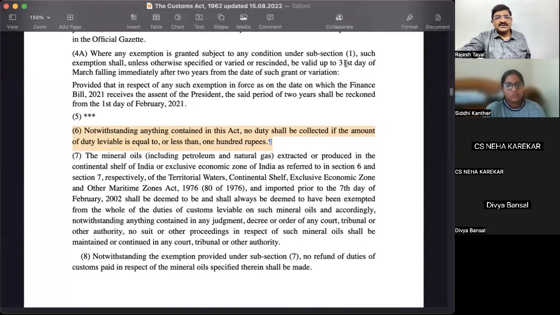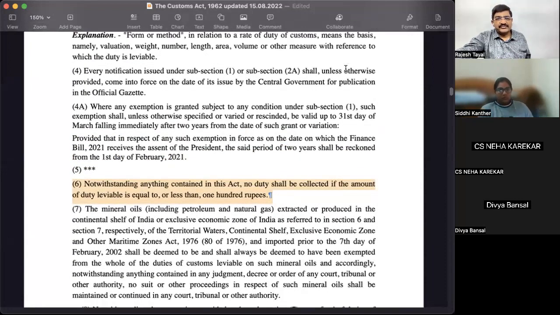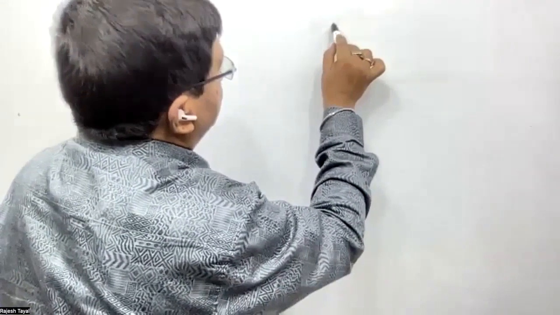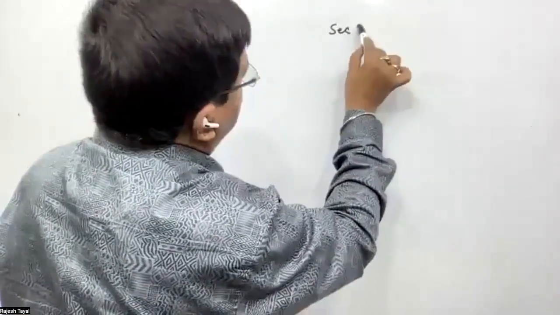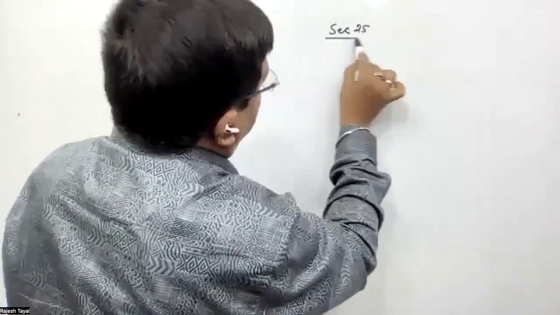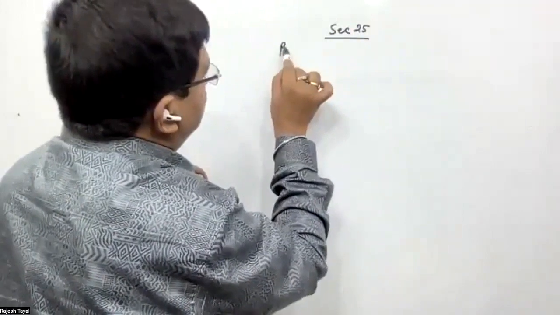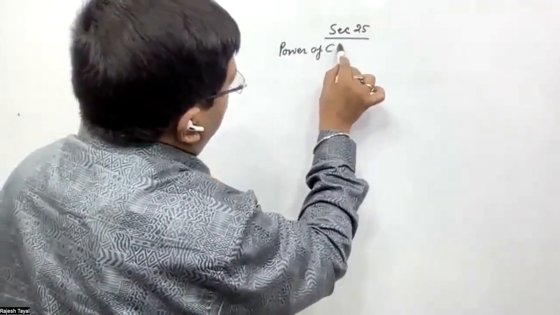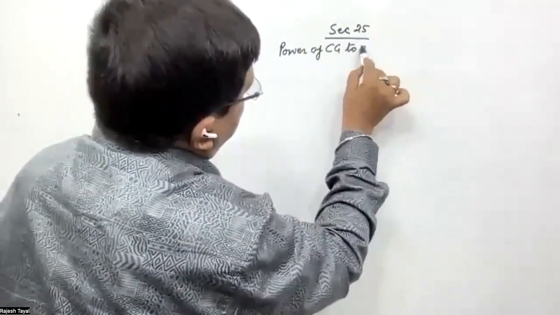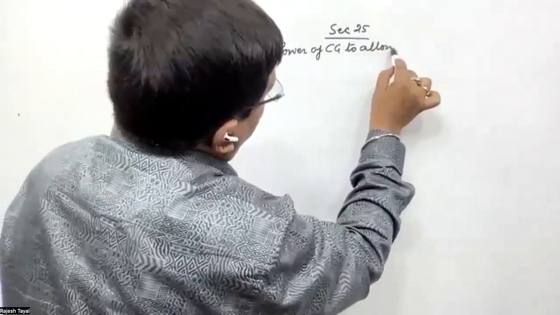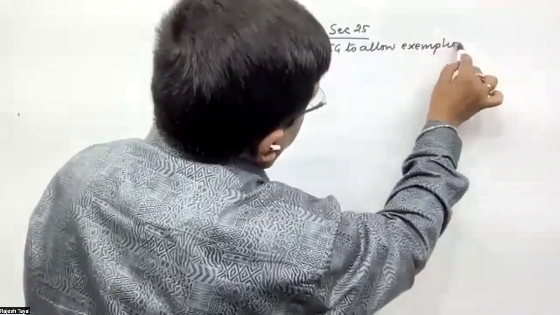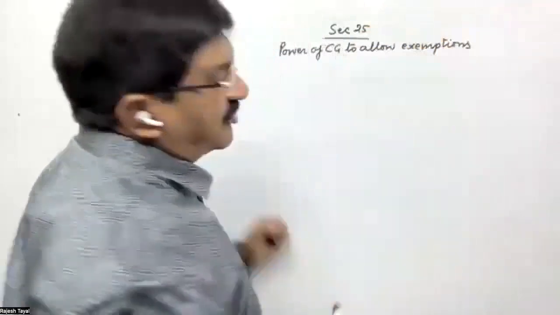Okay, so this we can just draw a chart. So this is section 25, and this is power of central government to allow exemptions.